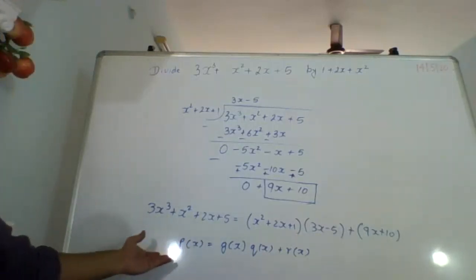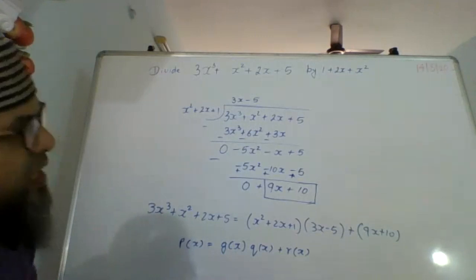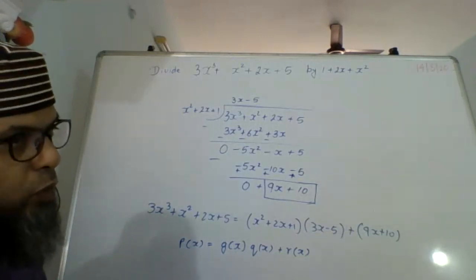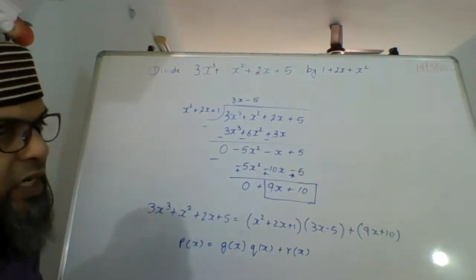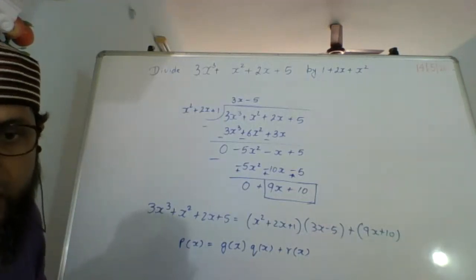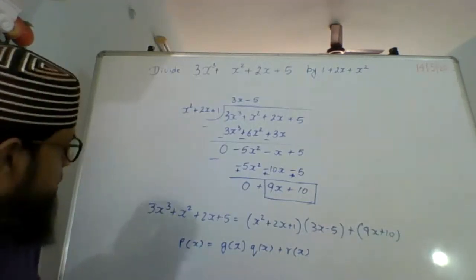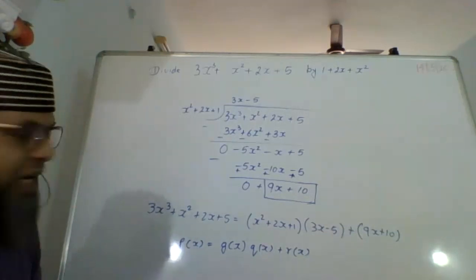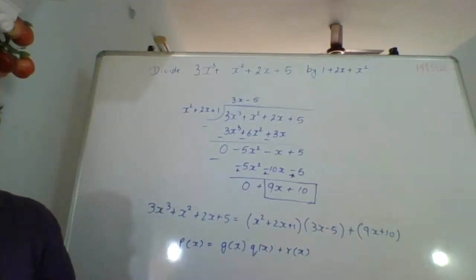Basically, since it is in polynomial, we write it like this. Otherwise, we have already done this in lower classes, which says dividend equals divisor into quotient plus remainder.